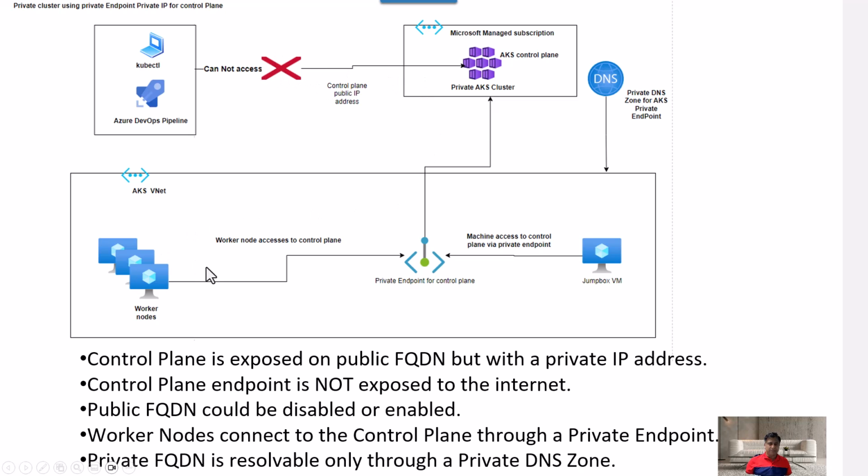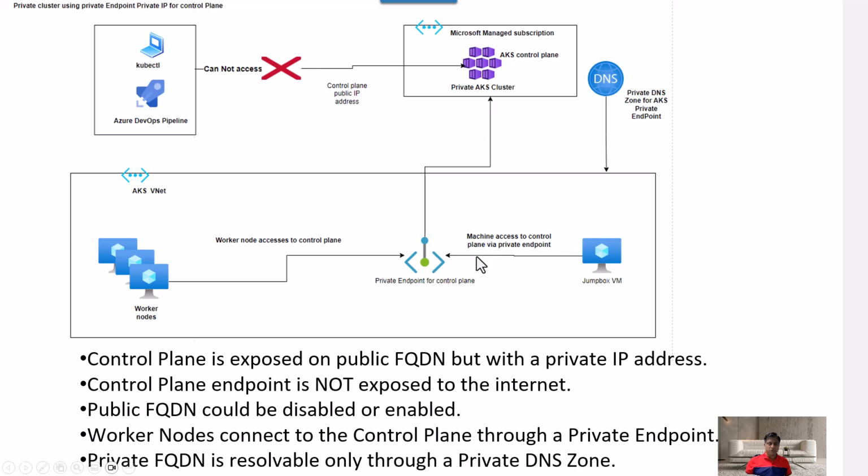Everything, including the worker nodes, can only have access through the private endpoint. A private endpoint is created for the control plane, and your worker node can only access the AKS control plane with the help of this endpoint.